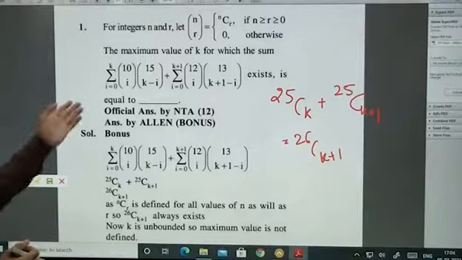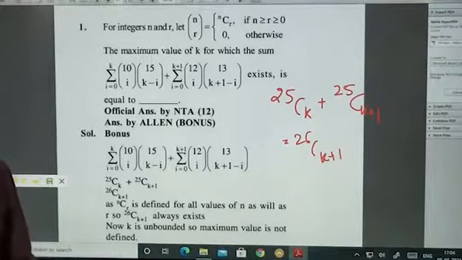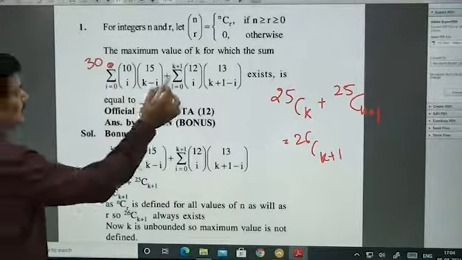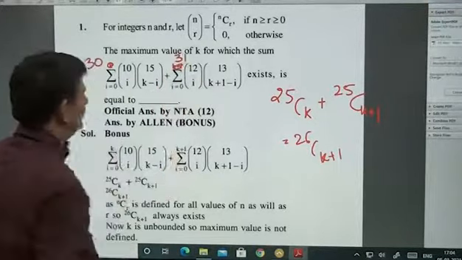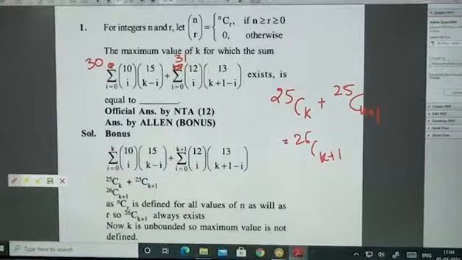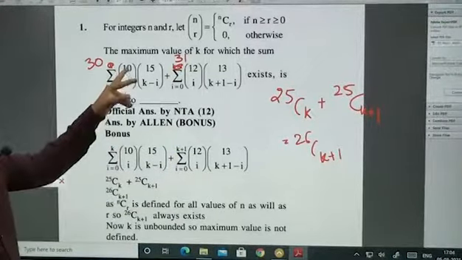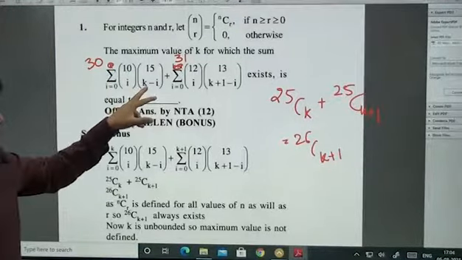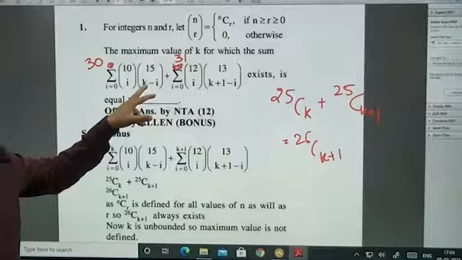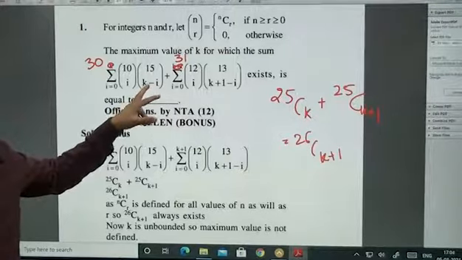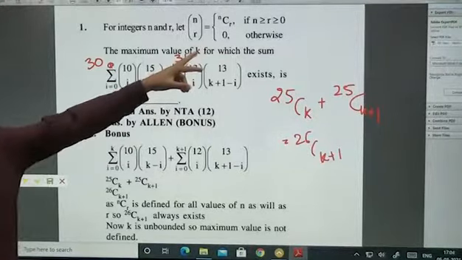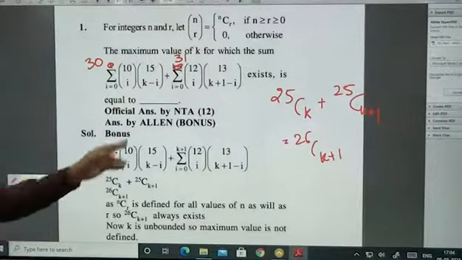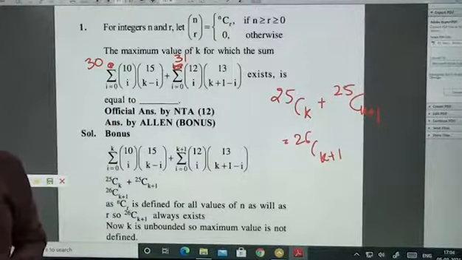Let me take k to be a number more than 26, say 30. Let me put k equal to 30 and see what he means in this question. This is 10 of 0, 15 of 30. 15 of 30 will be how much? 0, if r is not less than n, that will be 0. Yes or no? So all these terms will be 0.